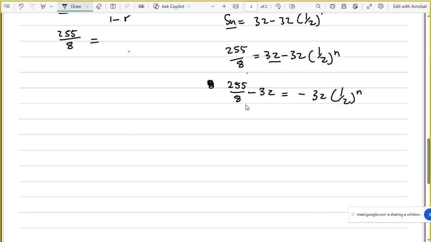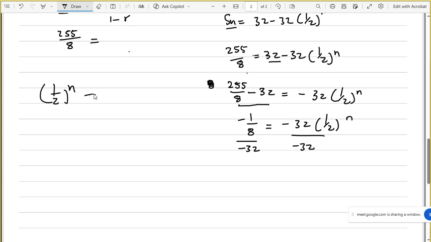And then what do you get when you punch this on the calculator? Minus 1 over 8. Then when you divide this side by negative 32, what do you get? What is 1 over 2 to the power n equal to? 1 over 256.